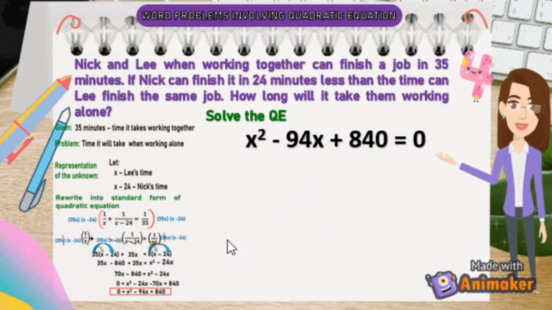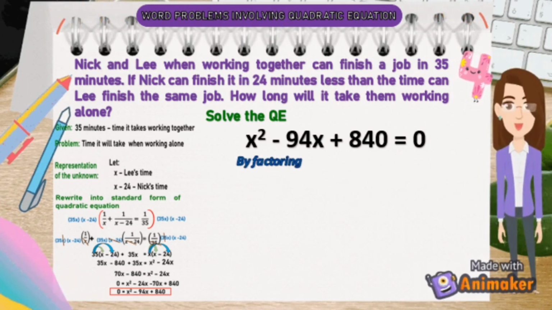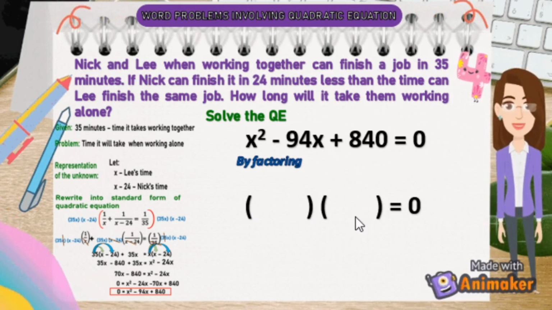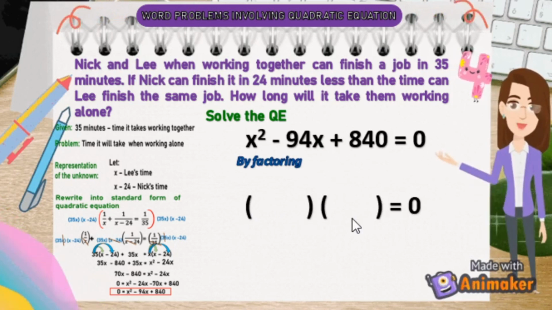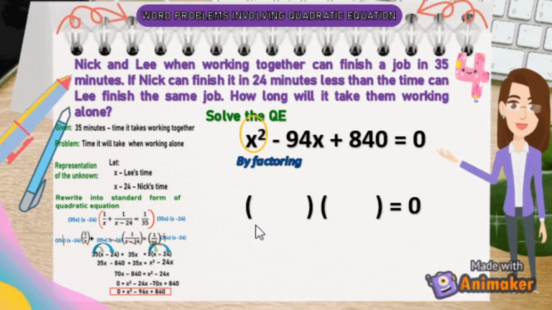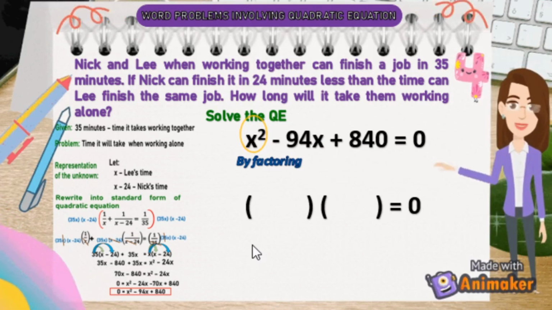So, we have to solve for it since the equation is factorable. So, ipa-factor out ulit natin siya. So, magkakaroon tayo ng dalawang binomials. So, ano yung ilalagay natin dito na terms para sa ating binomial? Titignan natin yung ating first term, which is yung x squared. Ano ba yung factor ng x squared?